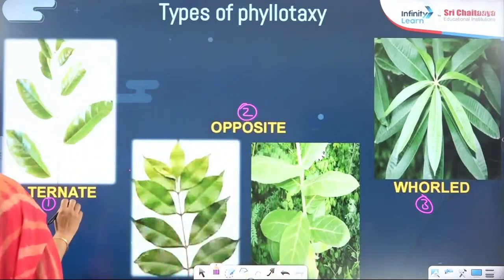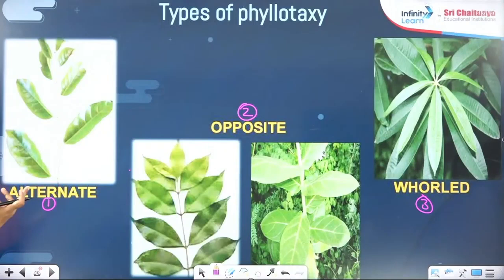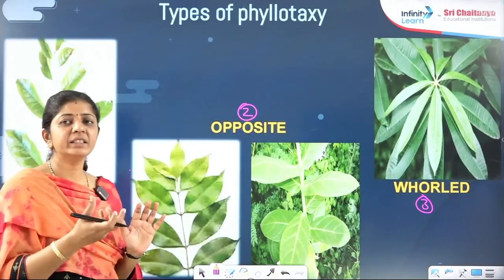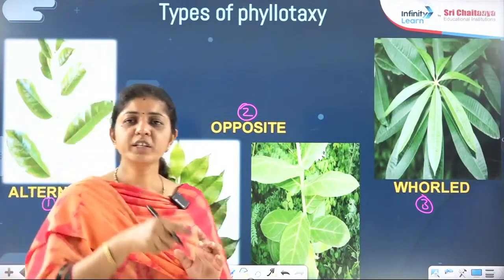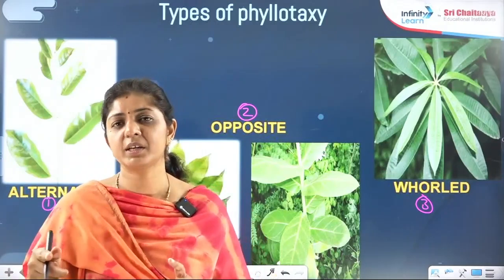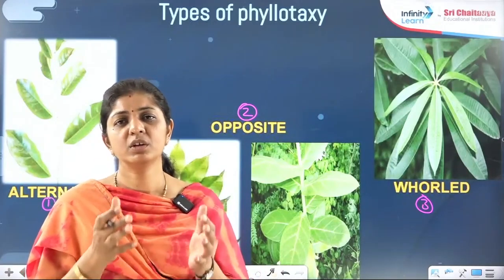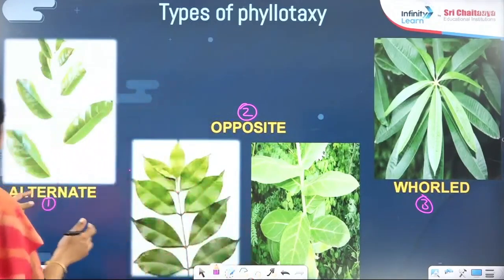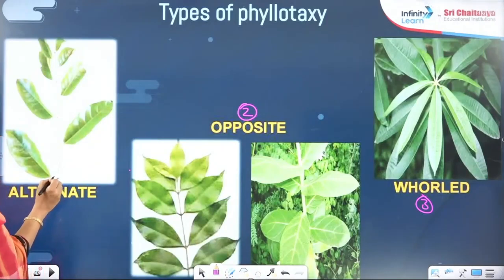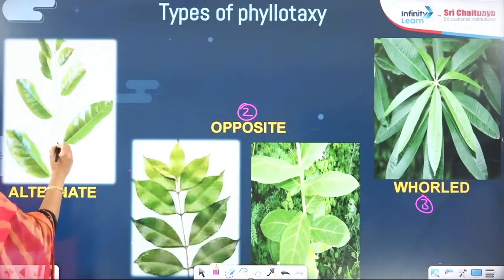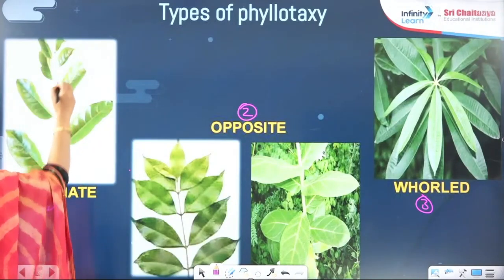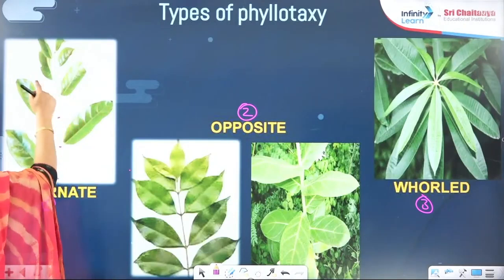Alternate type of phyllotaxy, you know that the leaves develop at the node. It originates from the shoot apical meristem, but it develops on the node part. So can I say here, this is a node part carrying one leaf, second node carrying second leaf, and so on, alternate to each other.